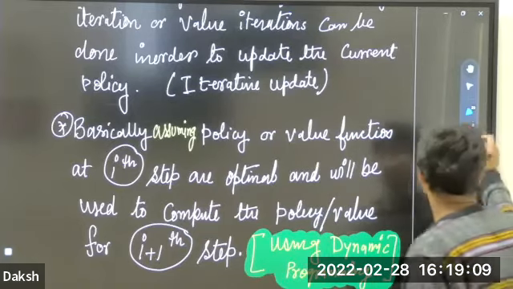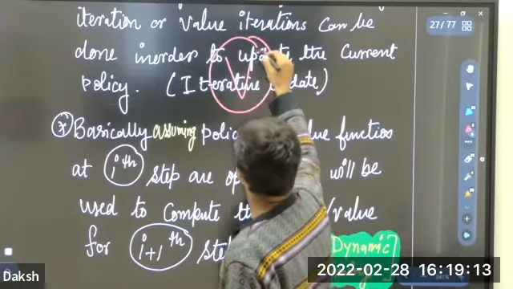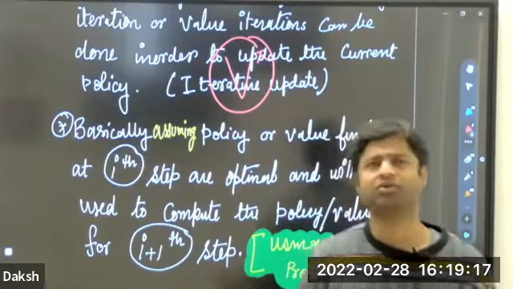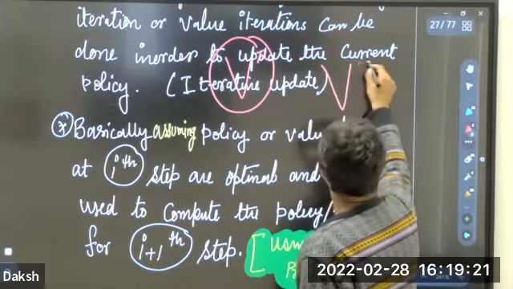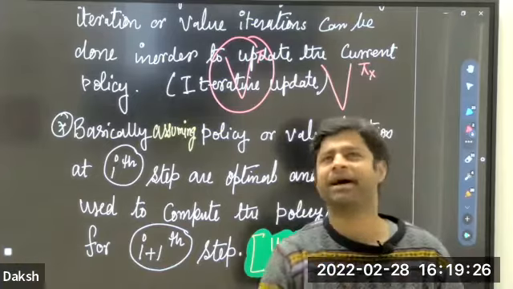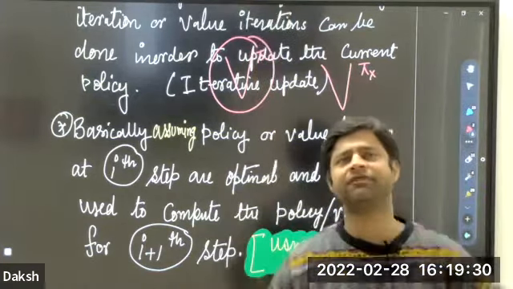Remember, your V function for a given pi, is it optimal? We don't know. Because we know that V pi asterisk is optimal, but pi asterisk I don't know. Pi is some random function.